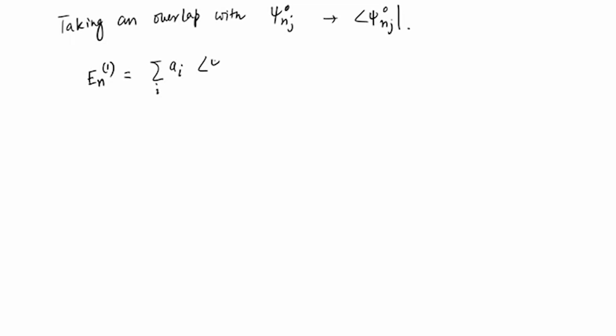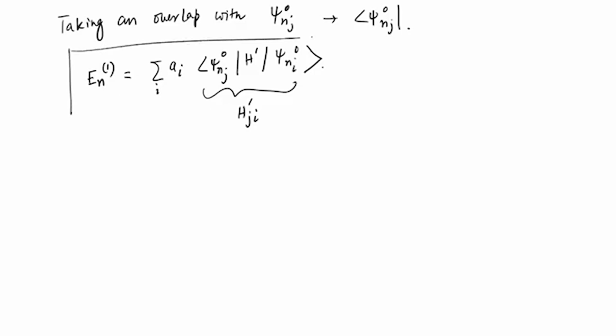So this is like ψ_n^j(0) H' ψ_n^i(0), and this can be called the matrix element H'_ji, between the eigenstates of the unperturbed Hamiltonian. This is the energy correction, and that is exactly what you need.